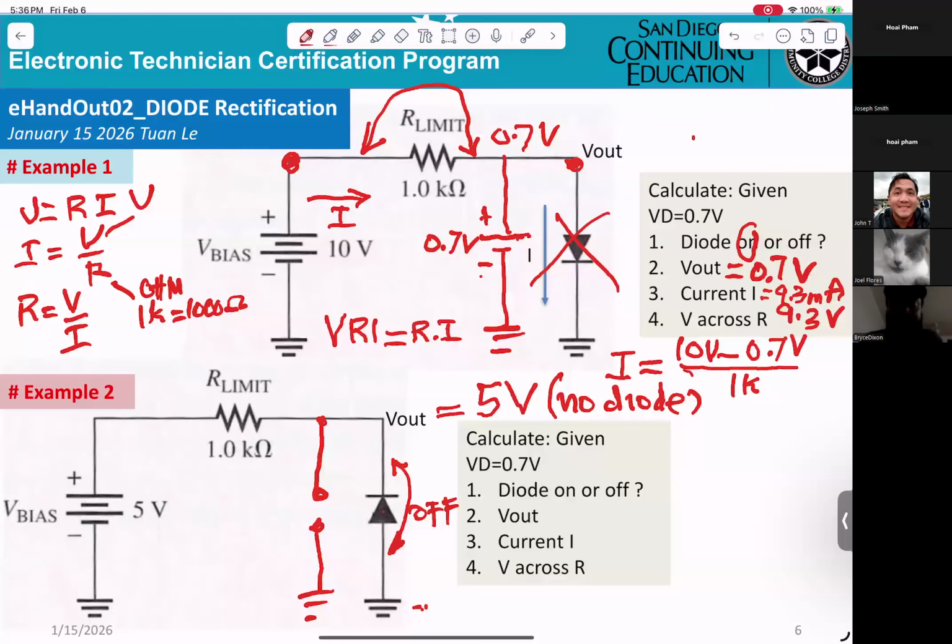So, diode on or off, the answer will be off. What is Vout? Vout will be measured from here to ground. 5 volts. Perfect.